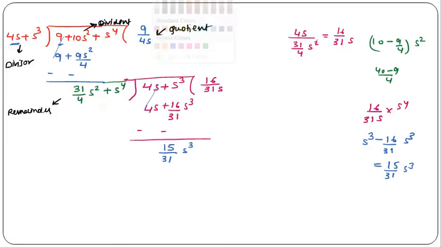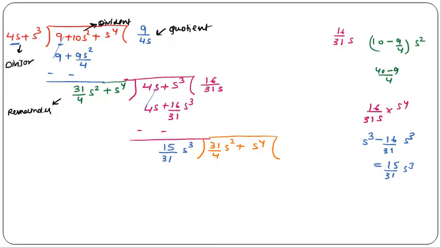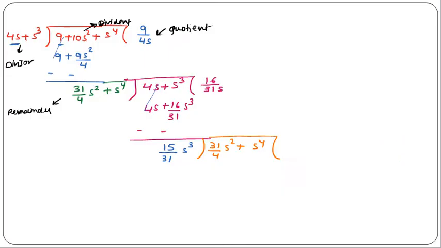Now the previous divisor will become the dividend. So this will be equal to 31 by 4 into s square plus s power 4. Now we will divide the first term. Let me erase this extra part. So the first term we have is 31 by 4 into s square divided by 15 by 31 into s cube.